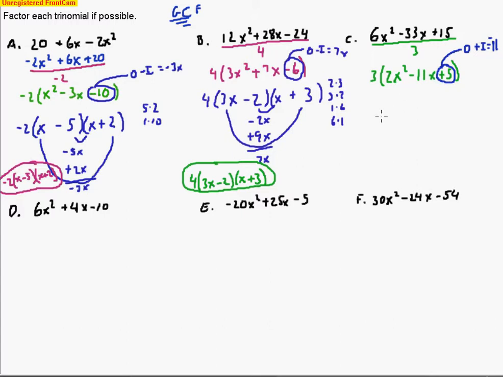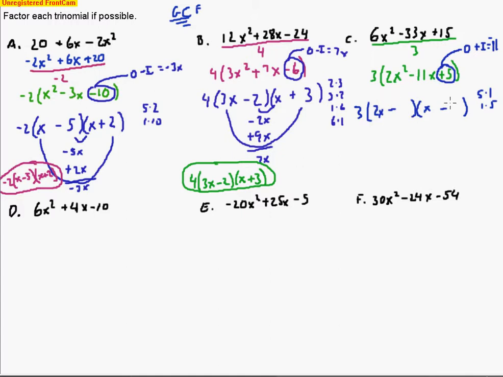So what that tells us is that when we draw our two sets of parentheses, we're going to have minus signs in between the first and last terms in those binomials. We also know that the only numbers that make 2x squared are 2x and x, and we only have a couple options to multiply to make 5: 5 and 1 and 1 and 5. But we want those numbers to add to make 11, so that means we need smaller numbers than 11.